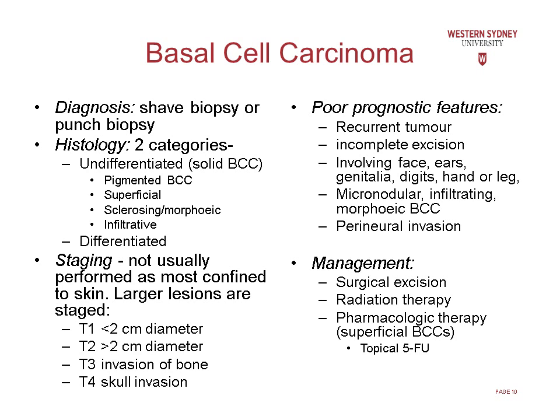BCCs that involve the face, the ears, the genitalia, digits, hands, or legs, which are difficult to excise, have a poor prognosis. The micronodular, infiltrating, and morpheaform subtypes are also more invasive and aggressive. Finally, having perineural invasion leads to a poor prognosis.